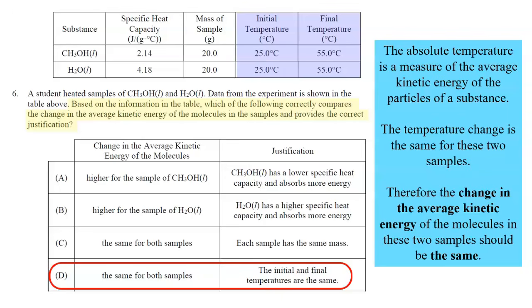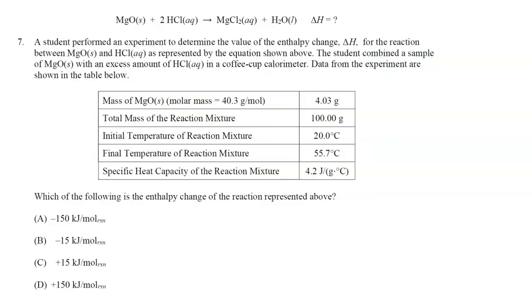Now let's take a look at question 7. In question 7, it says, a student performed an experiment to determine the value of the enthalpy change, delta H, for the reaction between solid magnesium oxide, or MgO, and aqueous hydrochloric acid, HCl, as represented by the equation shown above.